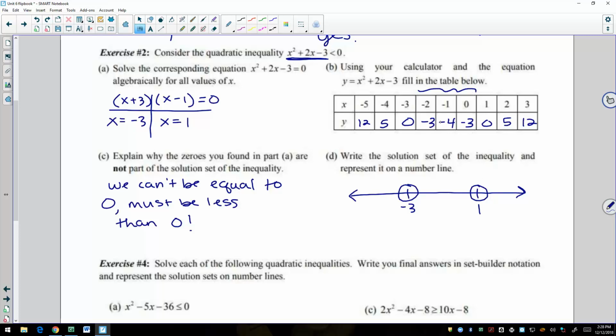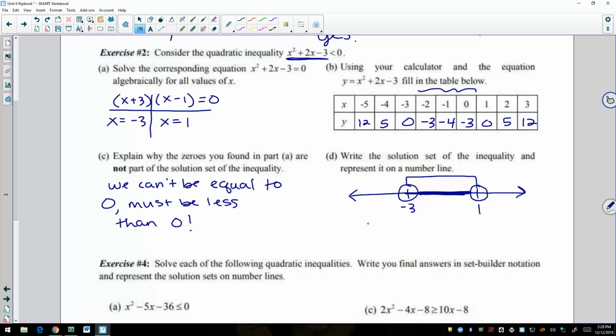Well, I'm less than 0 from -3, not including -3, up to 1, not including 1. So I'm going to shade, to represent that I want all of the numbers in between them, but not including them. To write it with interval notation or set builder notation, I'll do all of them.